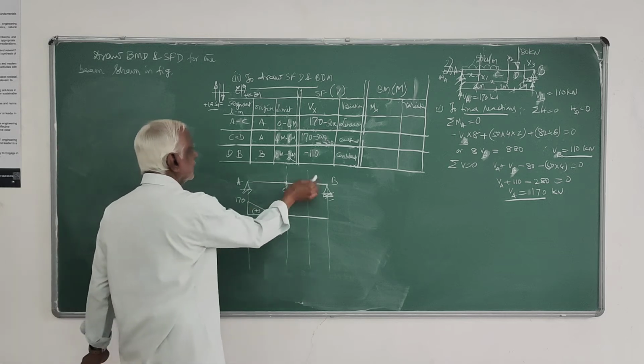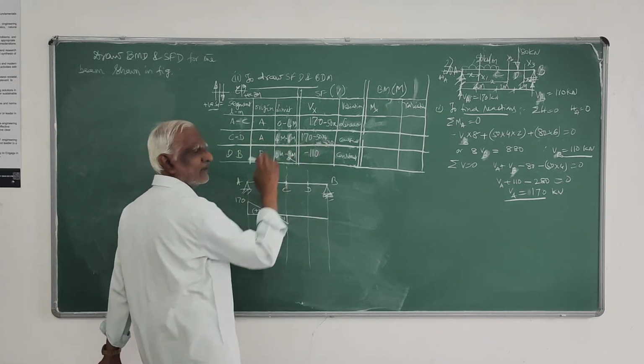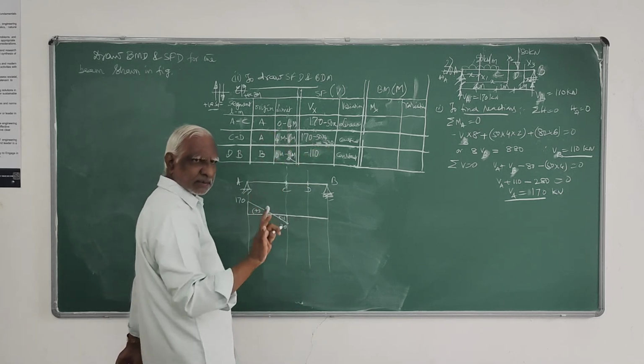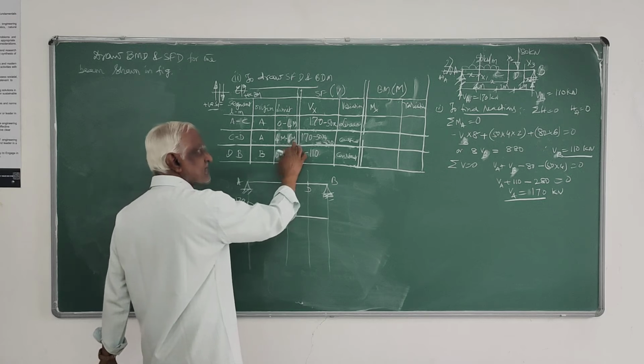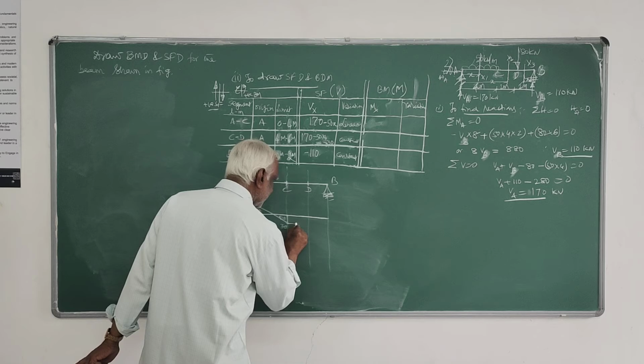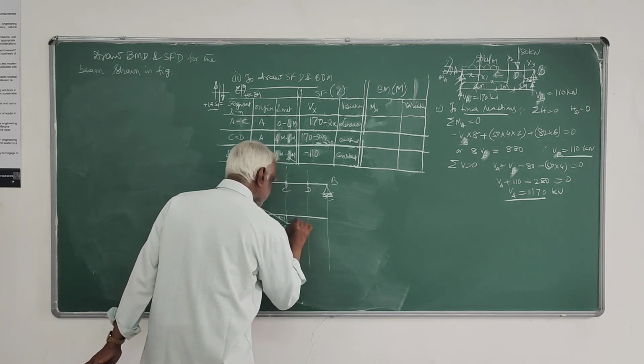Next, CD. For CD, this is the equation, minus 30. At x equals 4 meters, it is minus 30, and at x equals 6 meters, also minus 30. So from here to here, it is the same, minus 30.